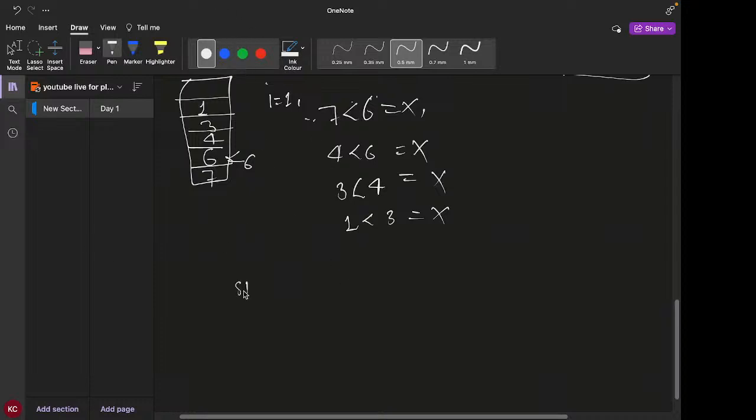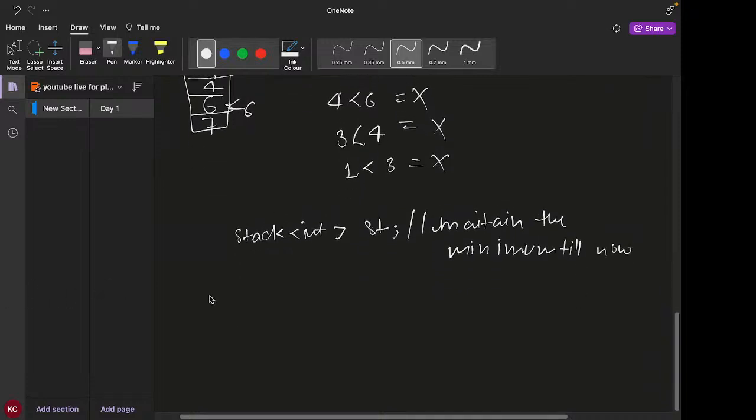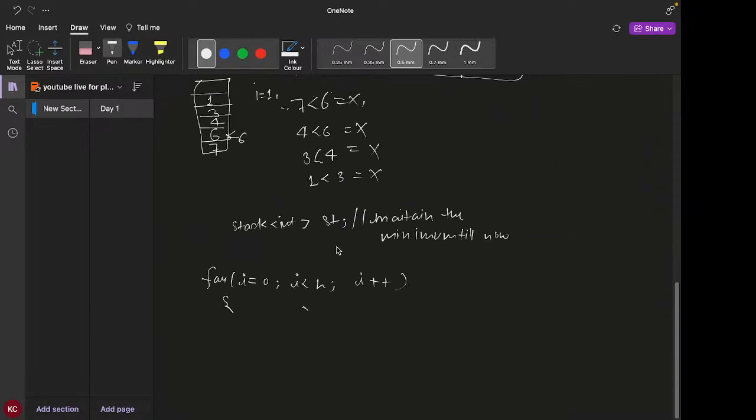So let's suppose I took a stack of data type int, that is st, to maintain the minimum element till now. Okay, and we run a loop for i is equal to 0 to i less than n, i plus plus. Then what do I have to do?